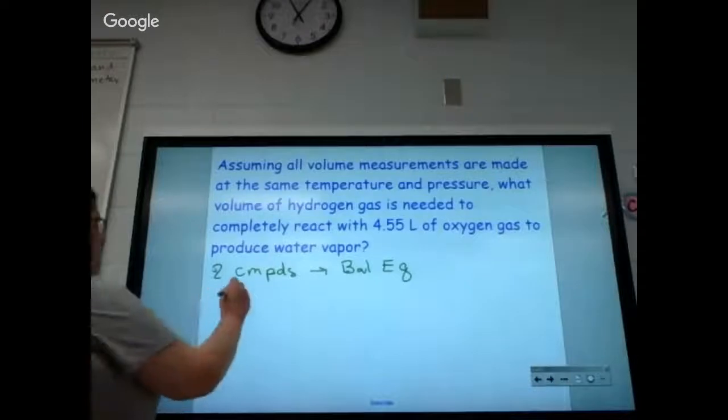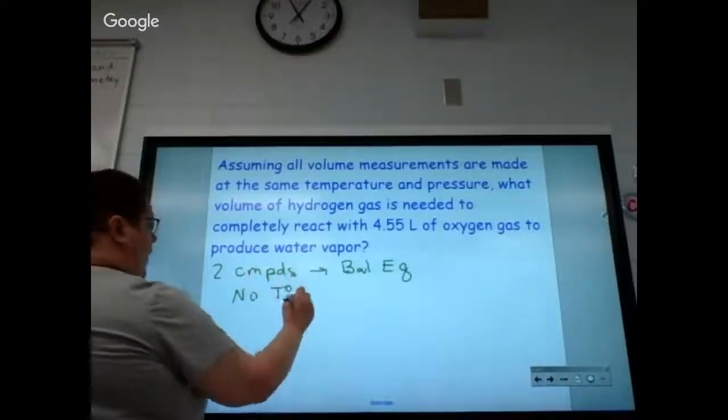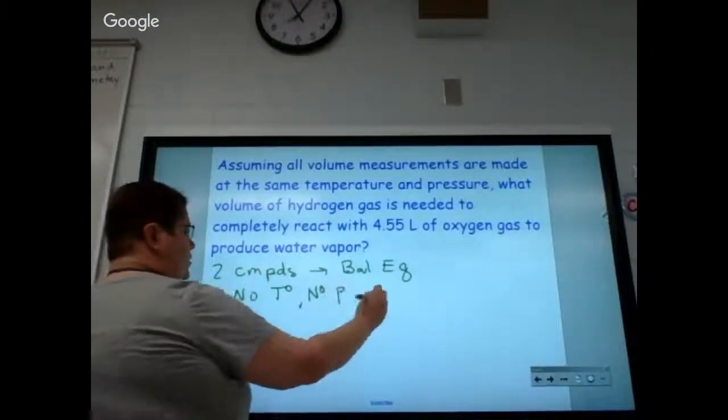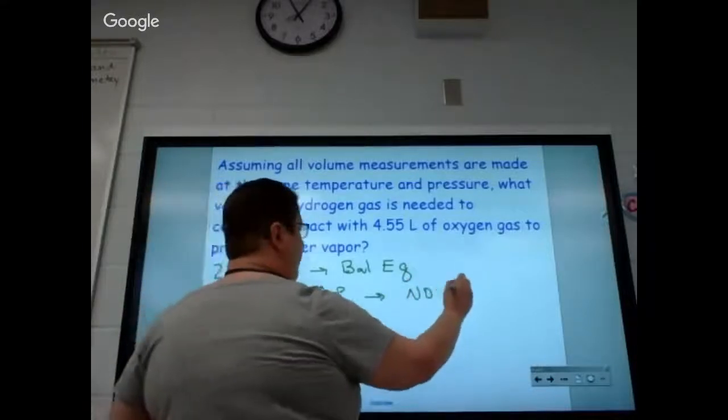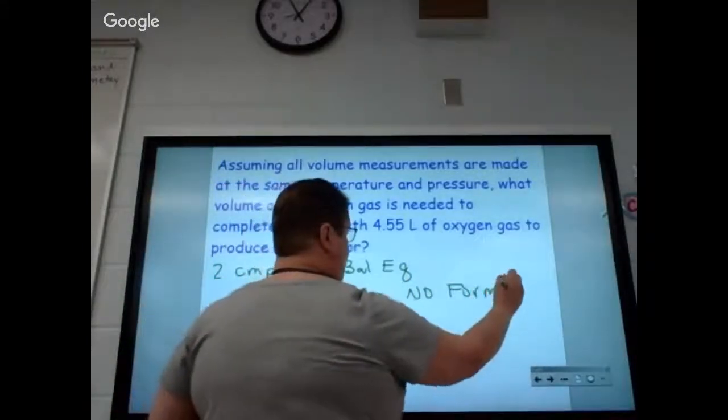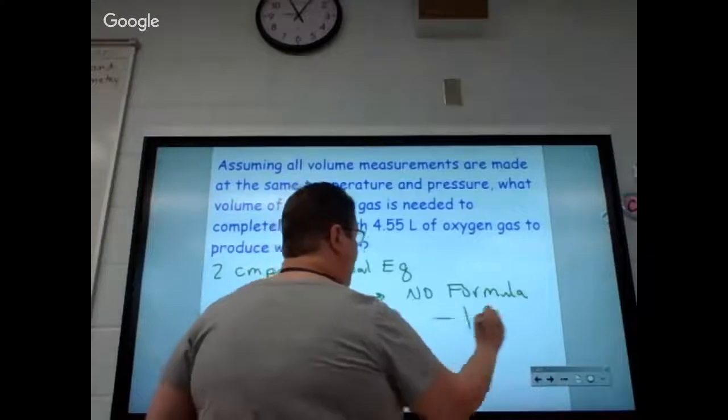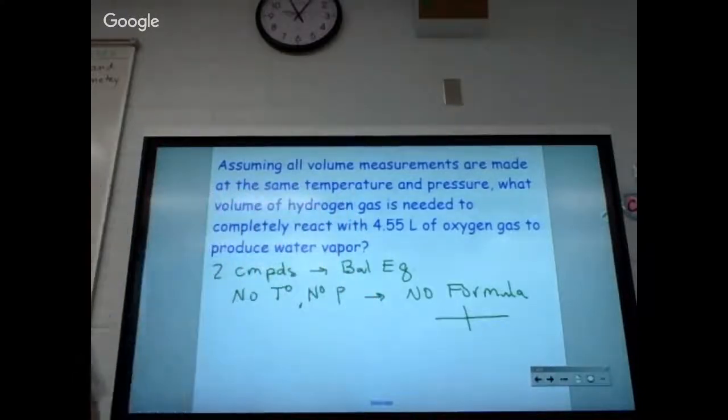Okay, there's no temperature and no pressure, so that means I cannot use a formula. That means I'm going to need a T-chart. Okay?